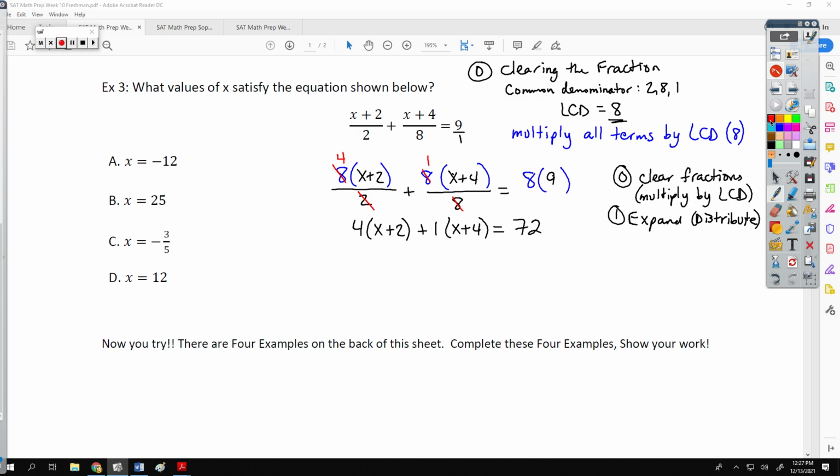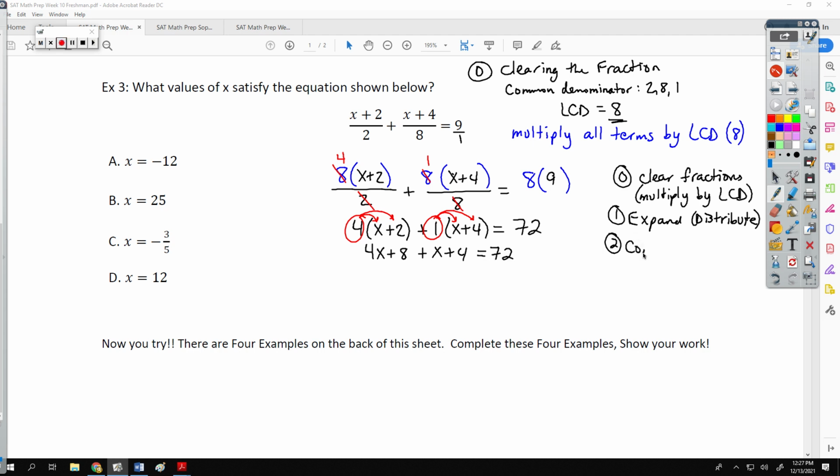Okay, so we're going to go in here and go 4 times x and 2, 1 times x and 4. So that would give us 4x plus 8 plus x plus 4 equals 72.